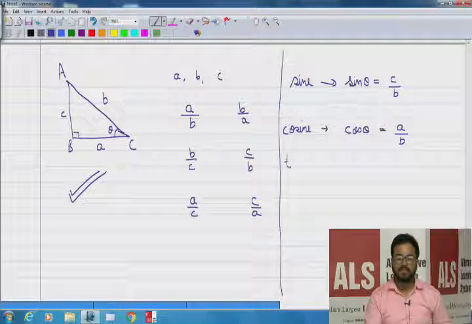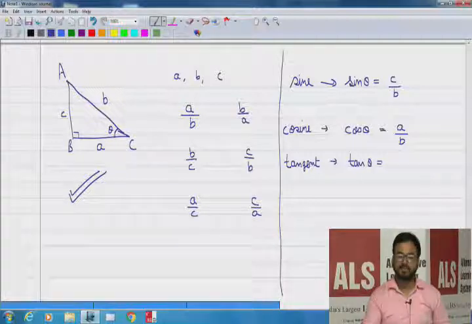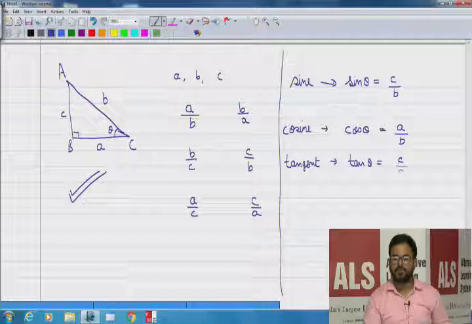Third one is tangent, in short known as tan theta. That is the ratio of perpendicular and base. The perpendicular is C and the base is A, so C upon A. These are the basic three.